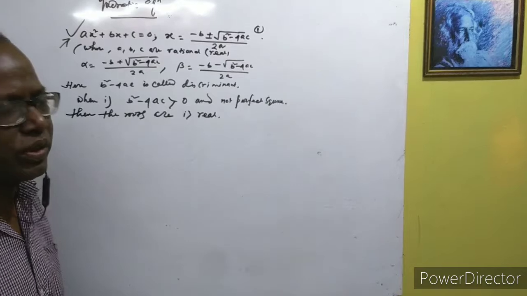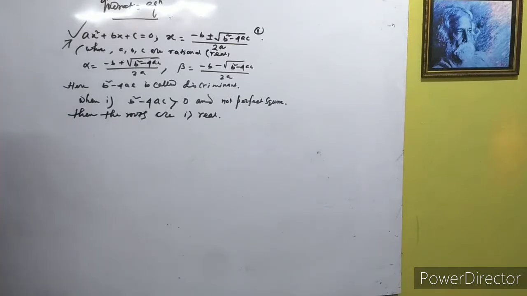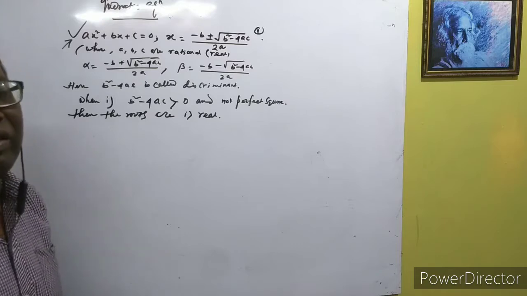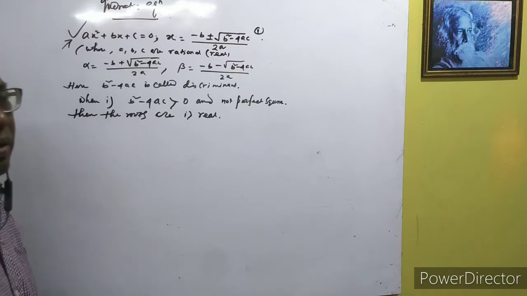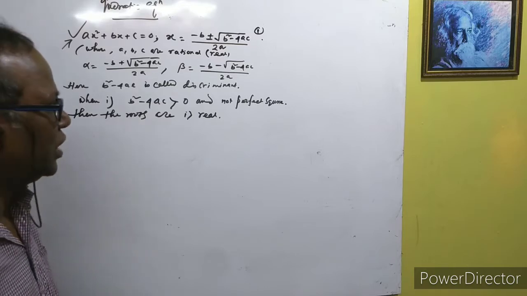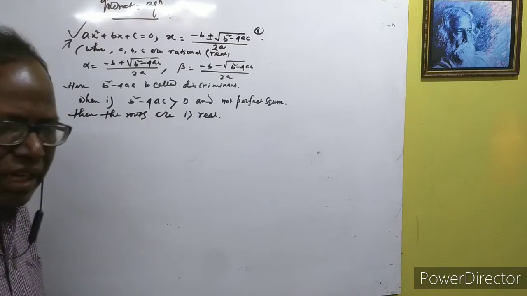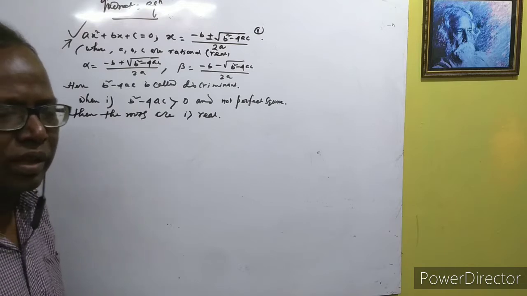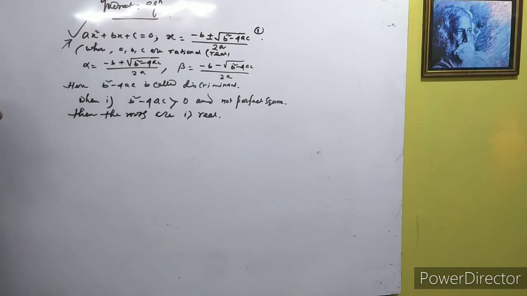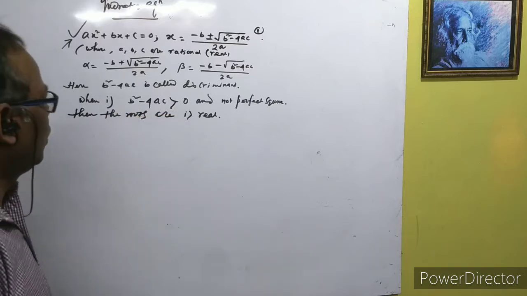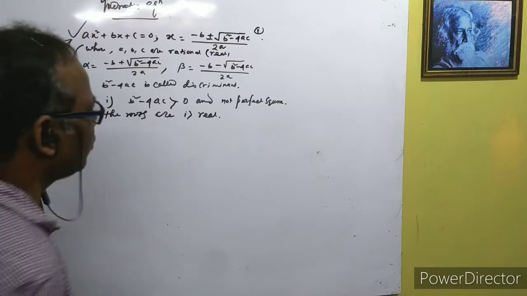If the value under the root is positive, then we get real roots. If the value under the root is negative, then it will be complex. So there are two types of nature. Now, as b square minus 4ac is more than 0, the roots are real, number 1 point.